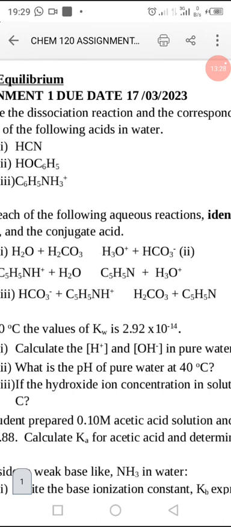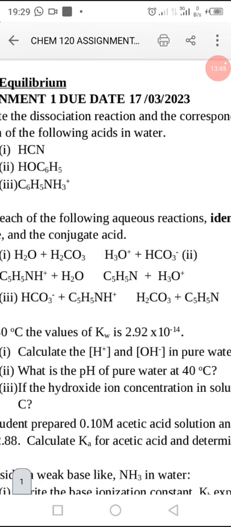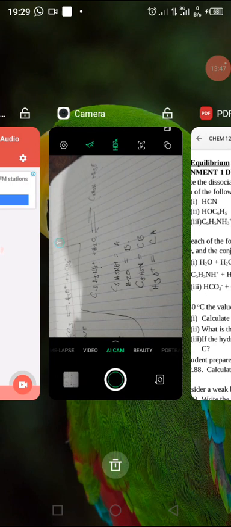Please note that acids and bases are found among the reactants. Then the conjugates you can find among the products, like so. And also I've got C5H5N. Okay. Here we are. I go ahead.